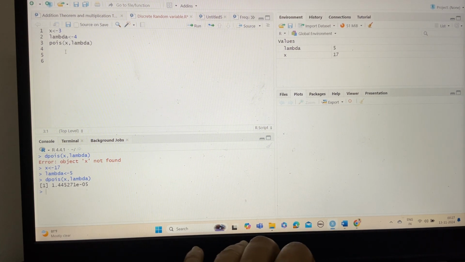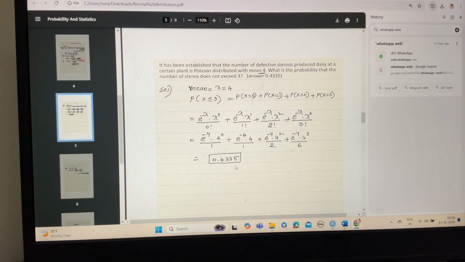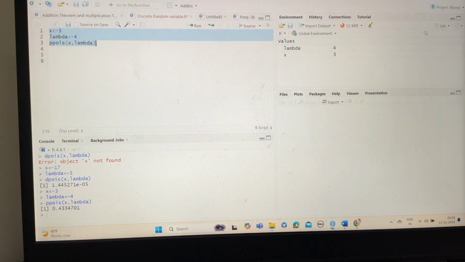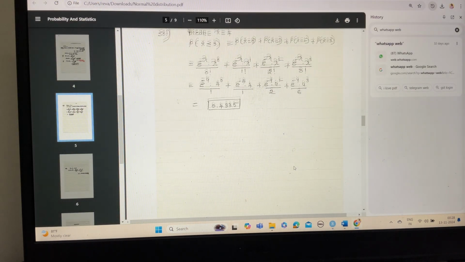So it is ppois of x comma lambda. Let us run and execute this. You will get the value as 0.4334701. I hope you could understand. And now let us check here. What is this value? It is 0.4335. Right? So we are right now. The problem is clear. And now let us go to the next problem.